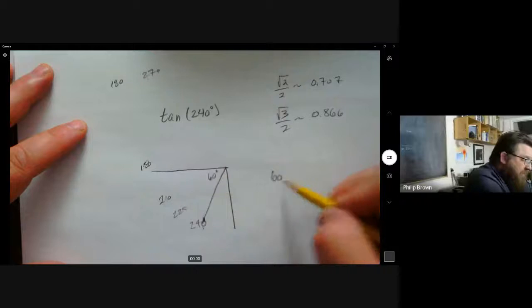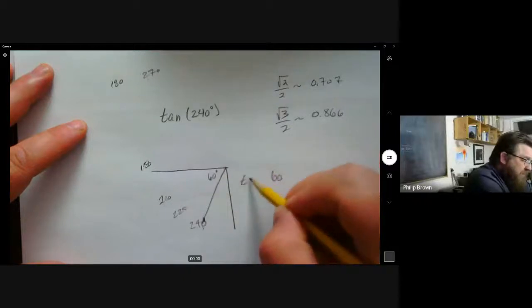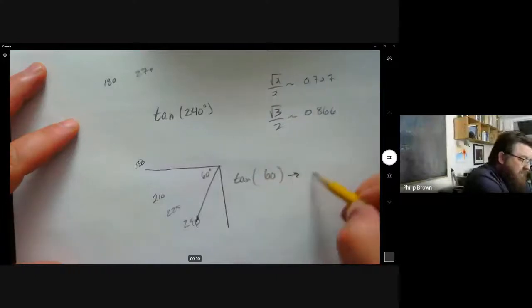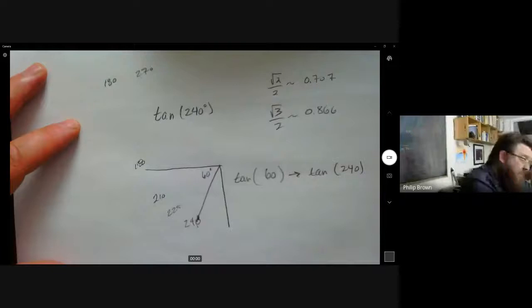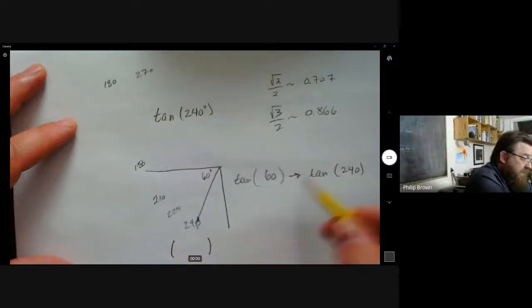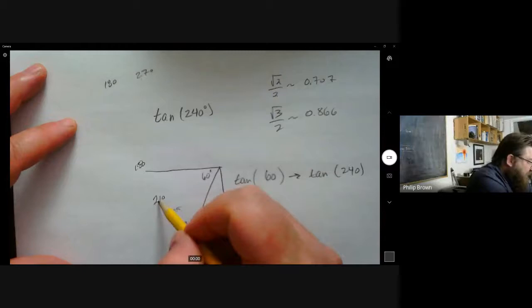And so you can use tangent of 60 to figure out the tangent of 240. You see? The only thing you have to be careful of is the signs. Since x and y are both negative over here, then the answer is going to be positive. But at 240, check this out.